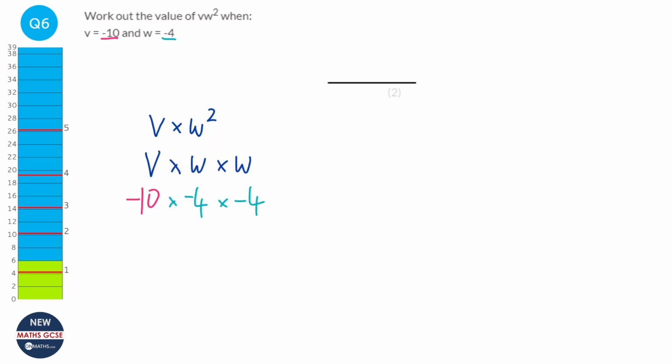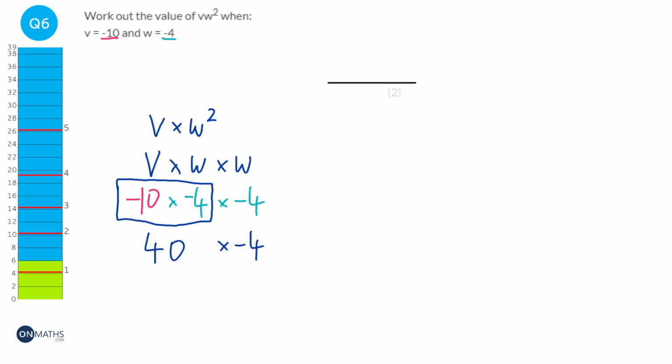When you multiply, it doesn't matter which order we do it. So I'm going to do these ones first, and ignore that times minus 4 at the end. So minus 10 times minus 4, that's a minus times a minus, which is a positive, 10 times 4, which is 40, times minus 4.